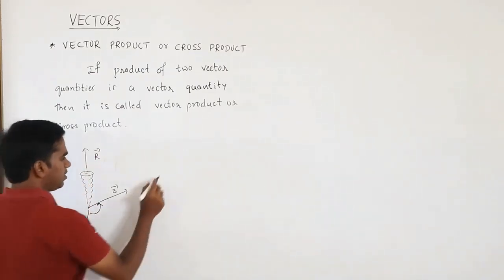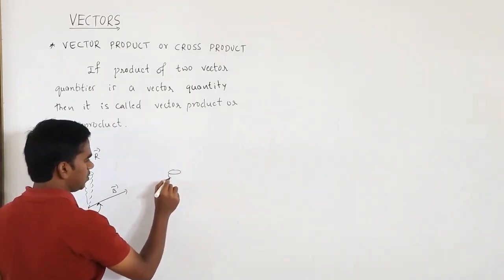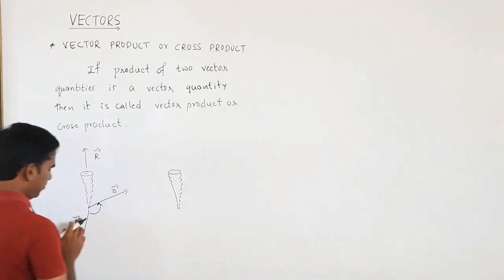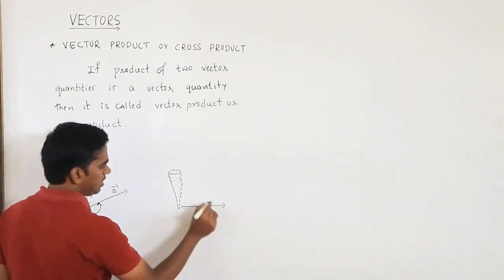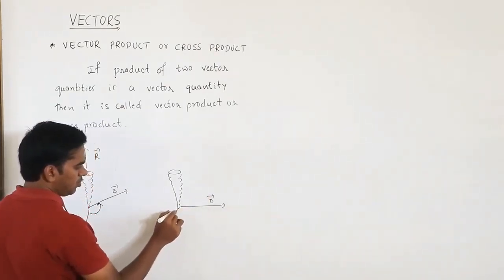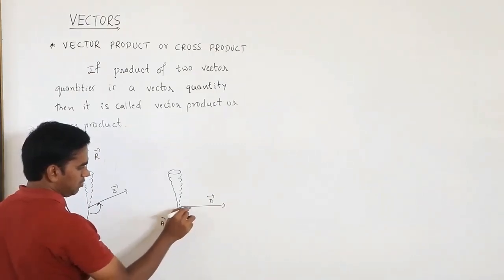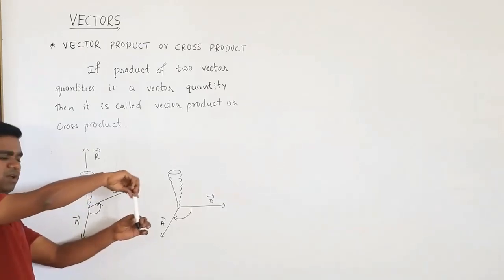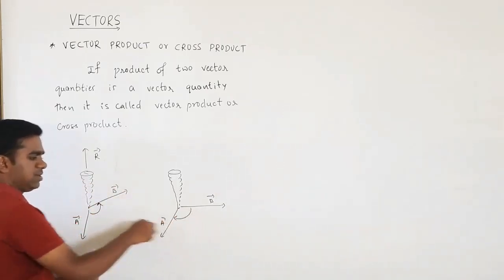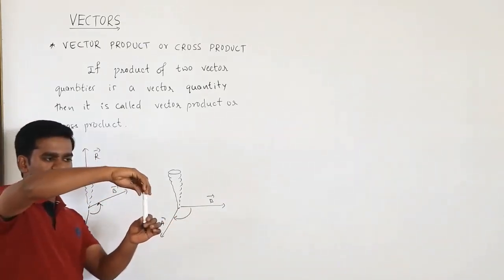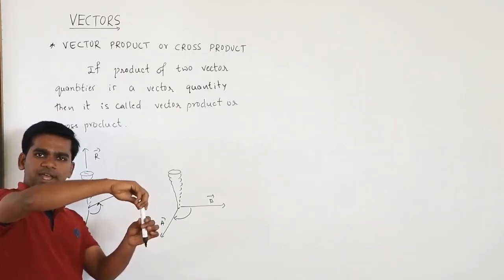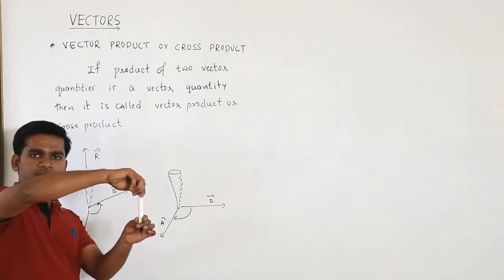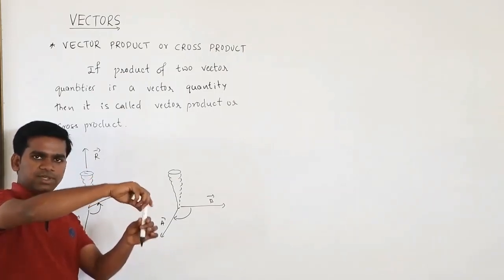For example, suppose this is also a screw. Instead of moving from A to B, before you were at B, now you are moving to A. If you start moving from B to A, it starts going down. If you rotate one way, it comes up; if you rotate in this direction, it goes down.